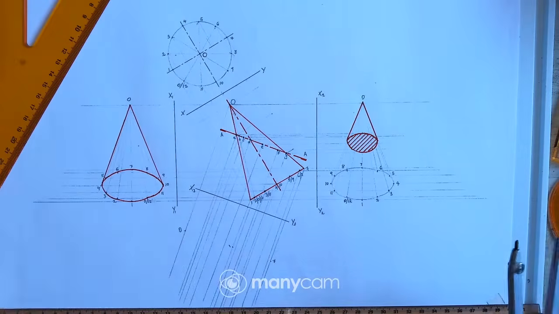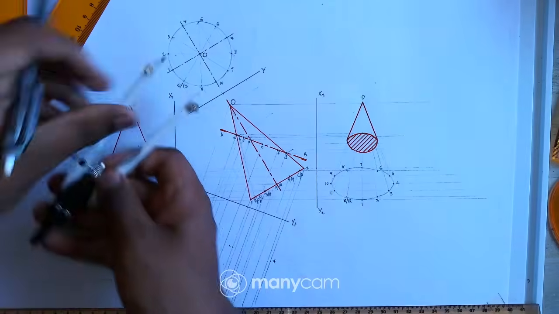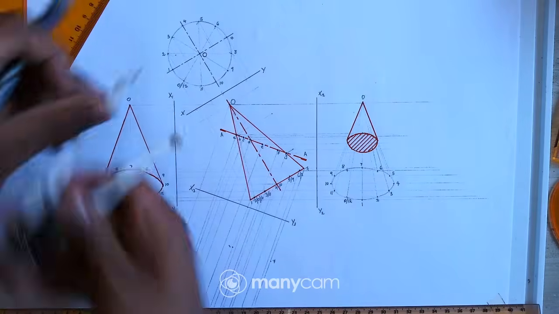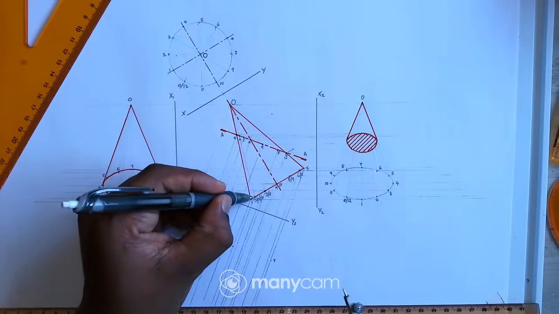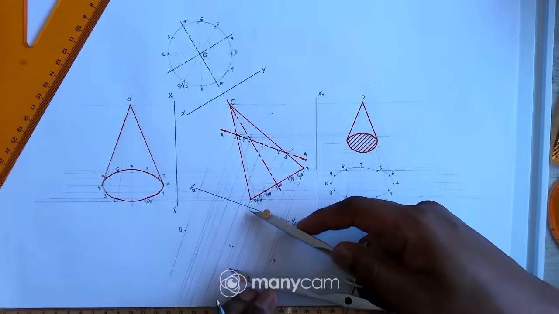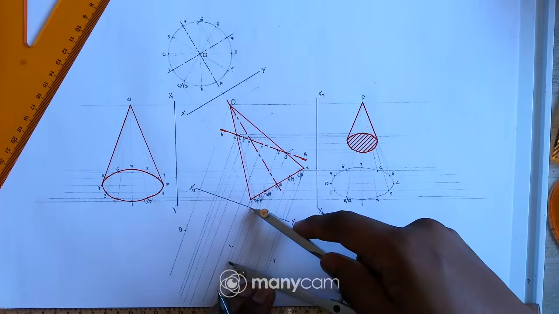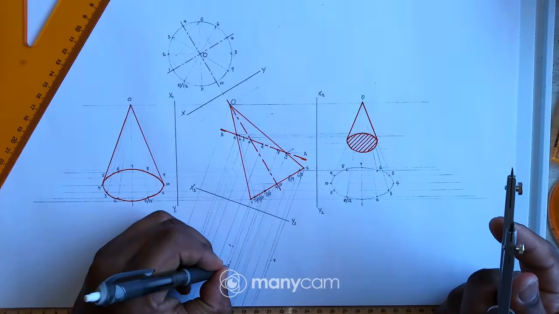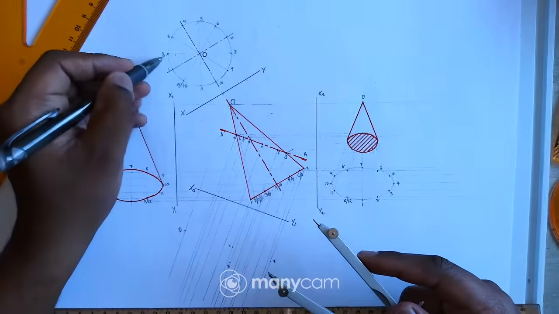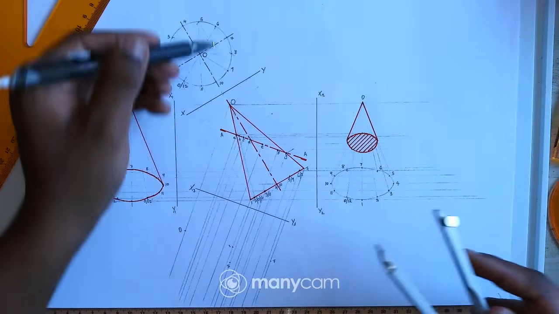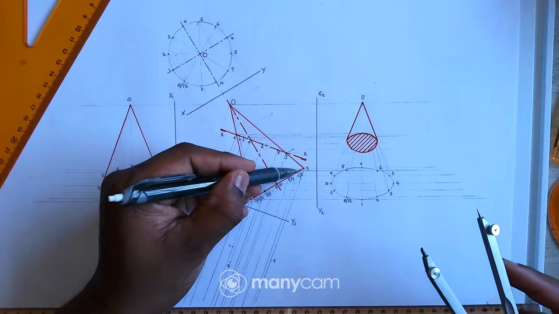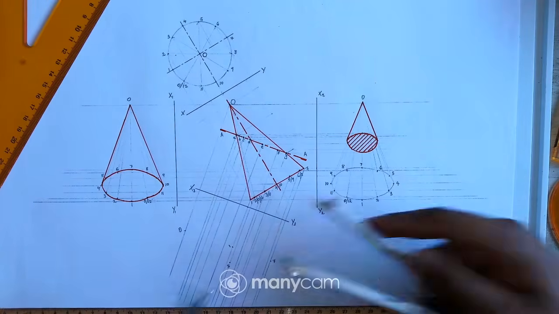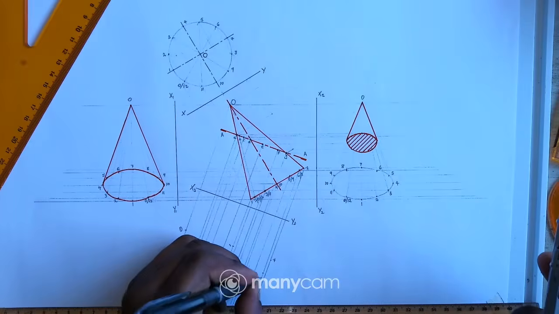So this is point 7, and then move to point 2. Where is 2? 2 is there on this line, so mark there point 2. Okay, so point 2 and 6 have the same distance, so where is 6 from the base? 6 is there, so I can just mark off the point as well.